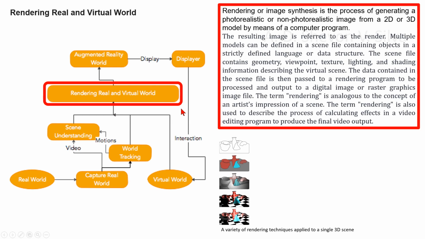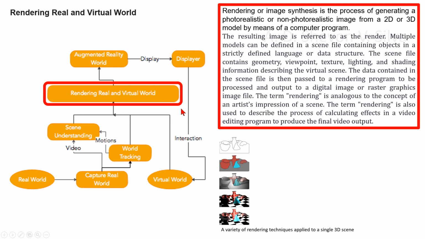Multiple models can be defined in a scene file containing objects in a strictly defined language or data structure. The scene file contains geometry, viewpoint, texture, lighting, and shading information describing the virtual scene.